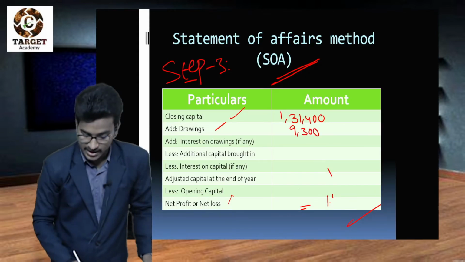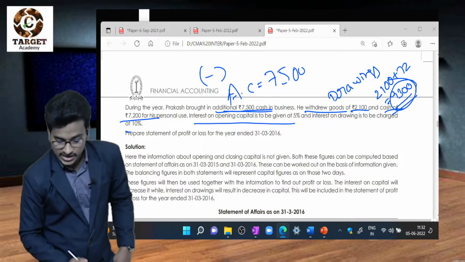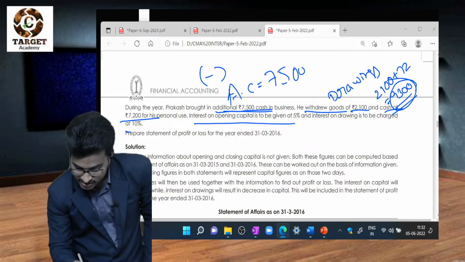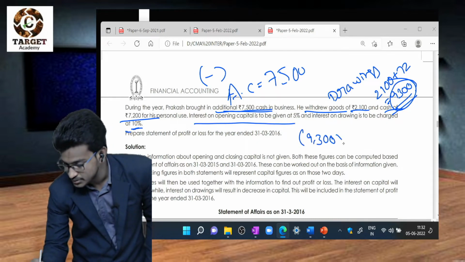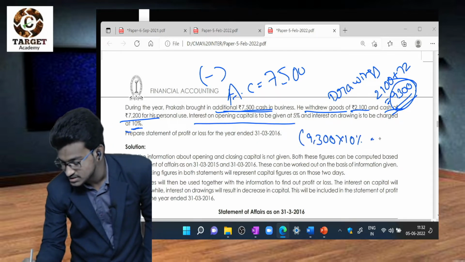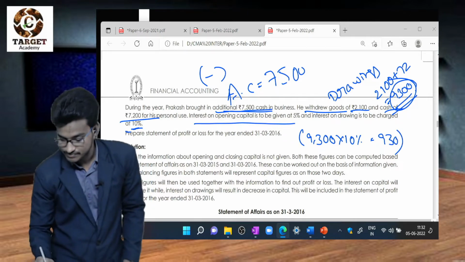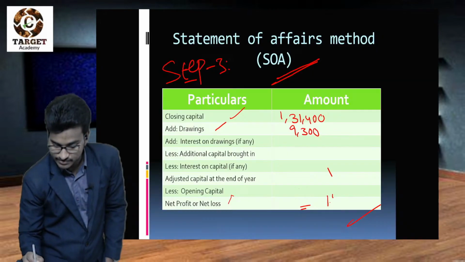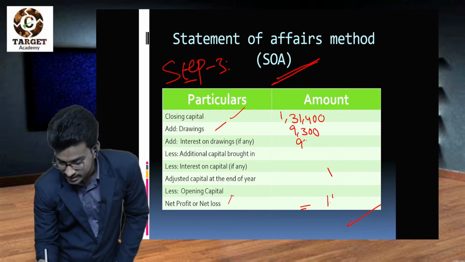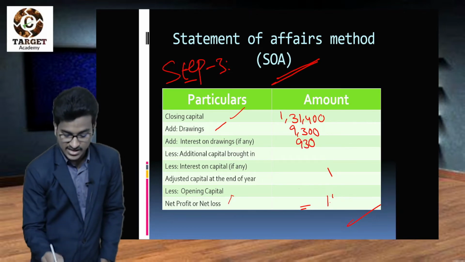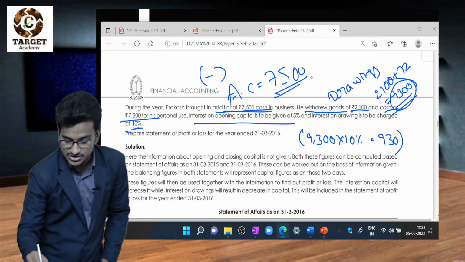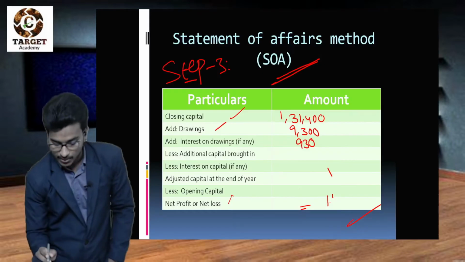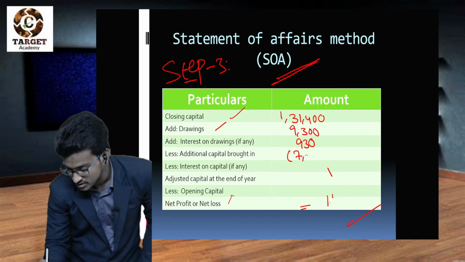Next one, interest on drawings 10%. That means 9,300 into 10%. How much? 930. Correct? So I have to add 930. Plus additional capital brought in. How much? See the question, 7,500. I have to reduce 7,500.